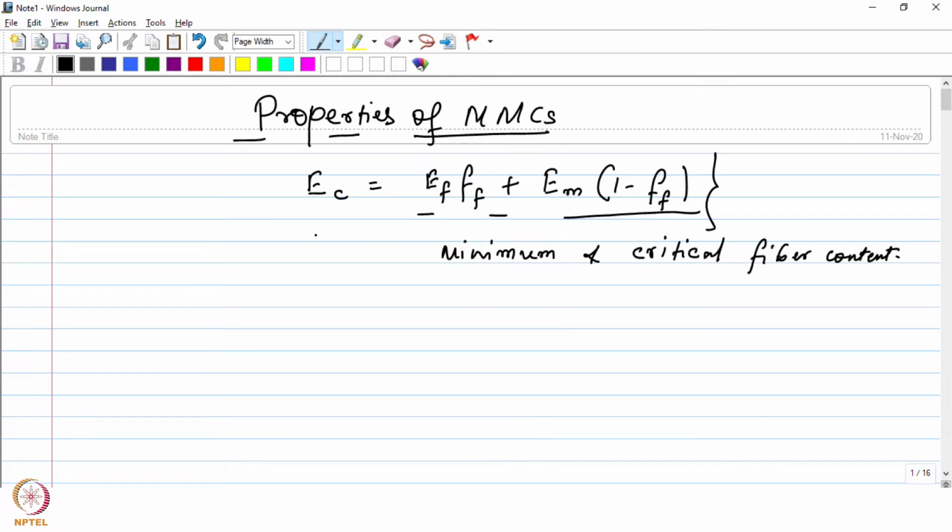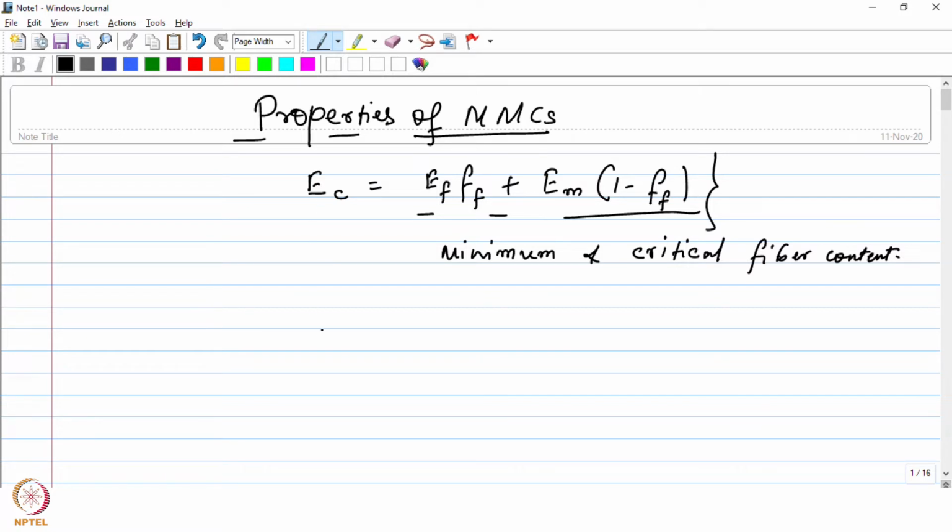So although the rule of mixtures generally gives you a higher value for the particular property that you are looking at, nevertheless, this gives you a first-hand approximation of the property of any composite material.